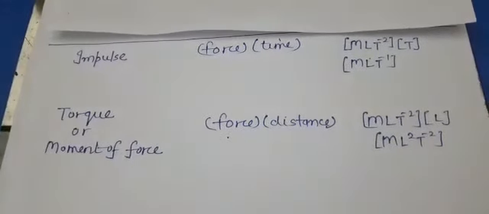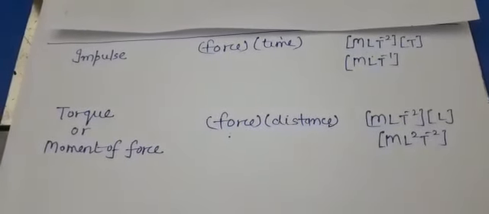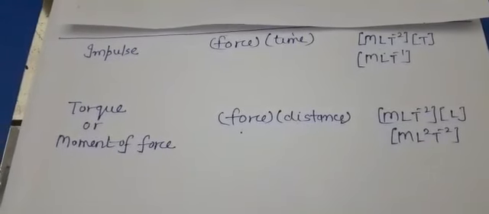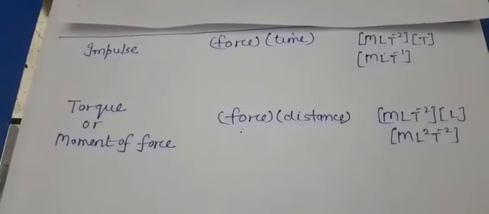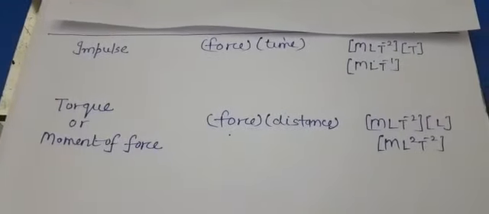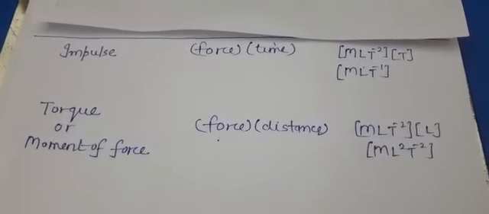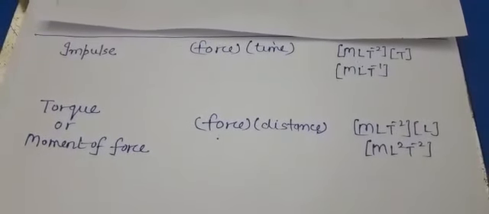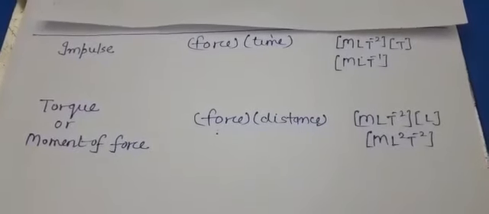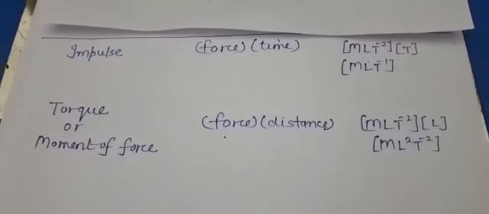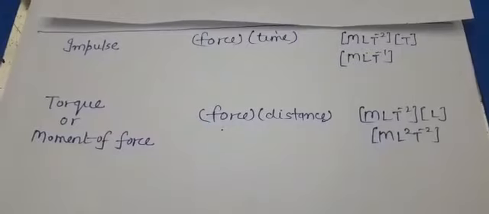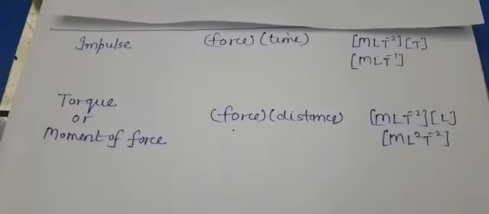This will be the dimension formula of torque. This is a new quantity. Many physical quantities you will find having the same dimension formulas, so don't get confused. Learn the term as well as the physical formula. Substitute the dimension formula of each term and get the final formula.